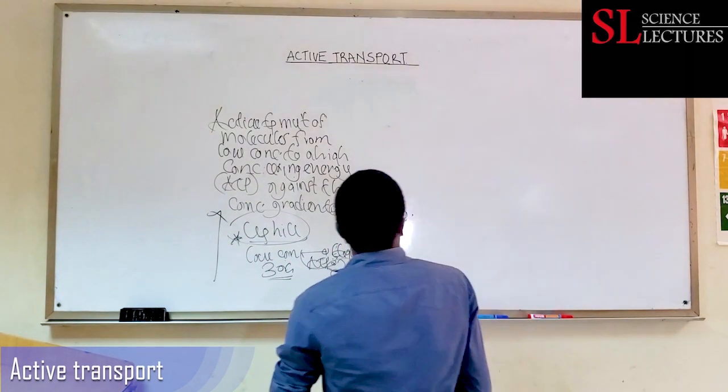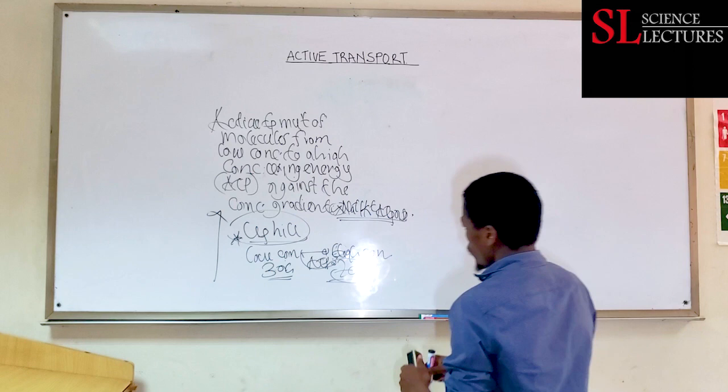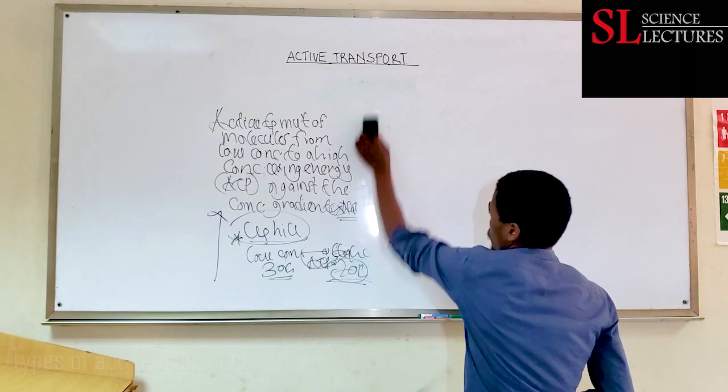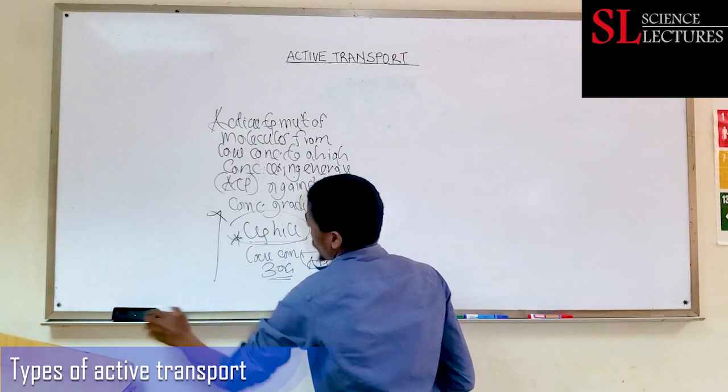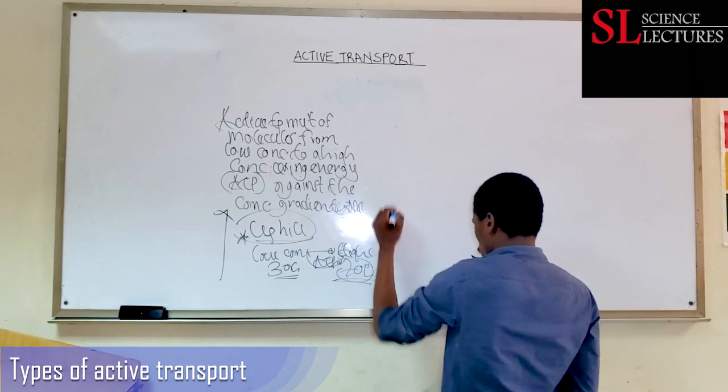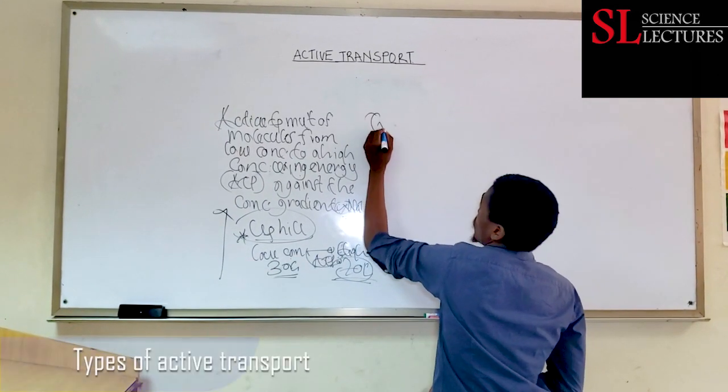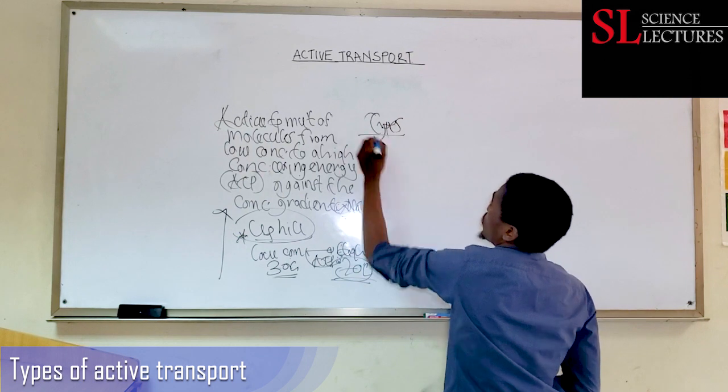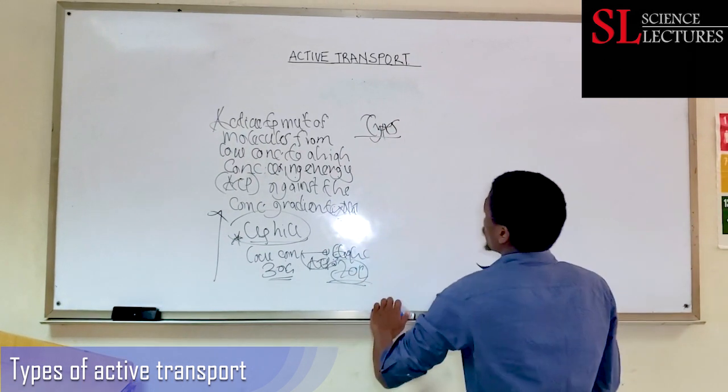But what else do we need to know with this active transport? The other types, very important to know the types. So active transport is divided into two. The types of active transport. We have two basic types.